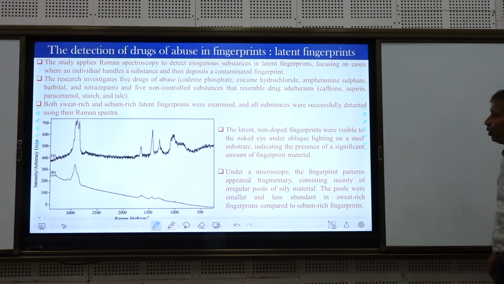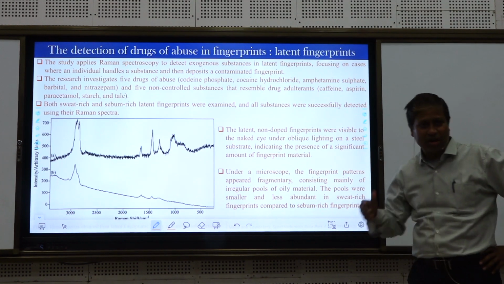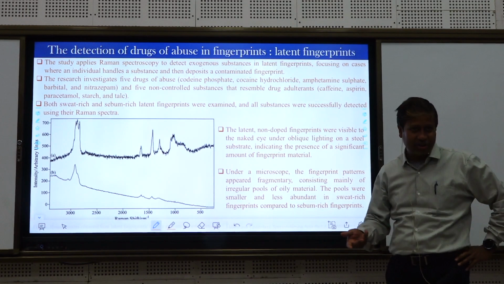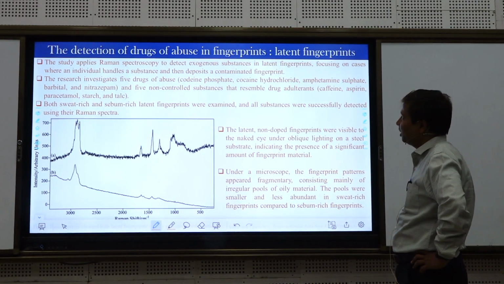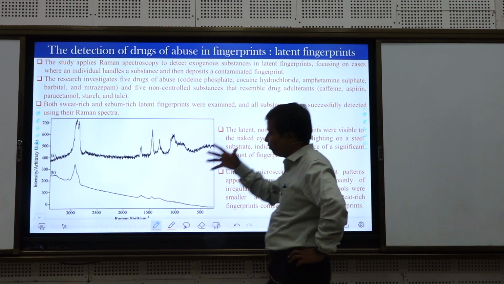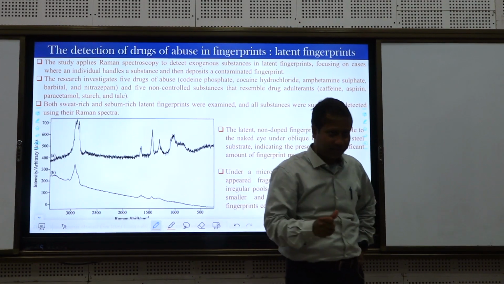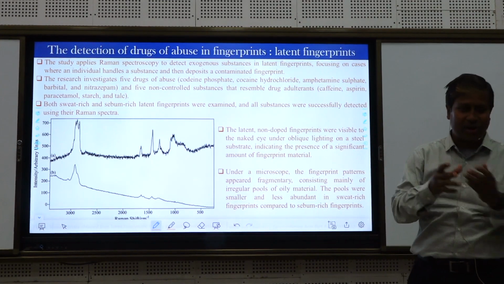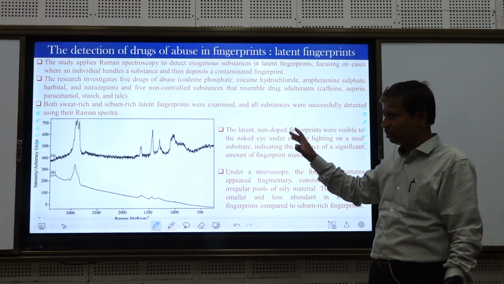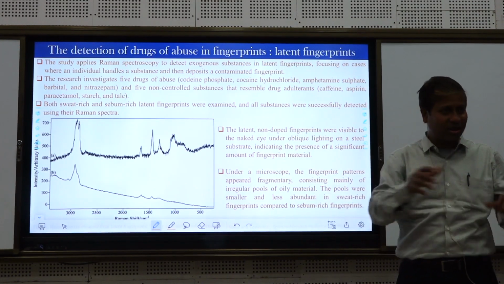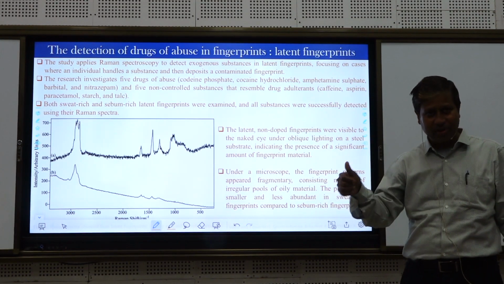The last two slides were for the explosive, and this is for the drug. Forensic means explosive, drug, blood, all these things come into the forensic area. So detection of drug, and how to detect the drug from the fingerprint. Like if you have taken some drug and then you have used some door handrail or somewhere, then you have a fingerprint.